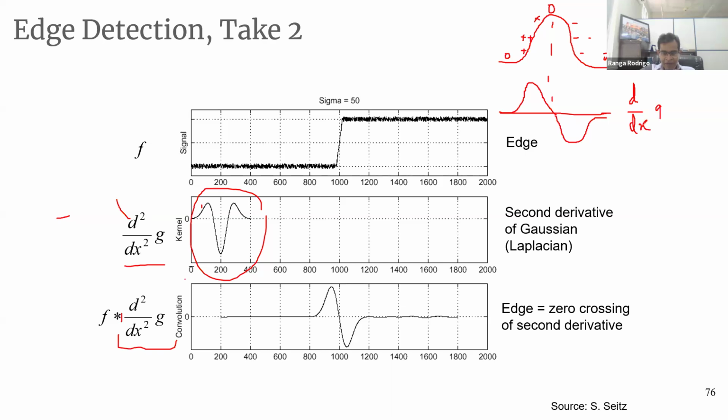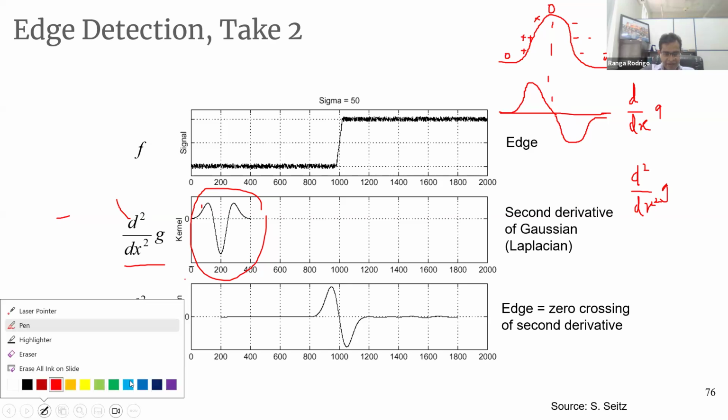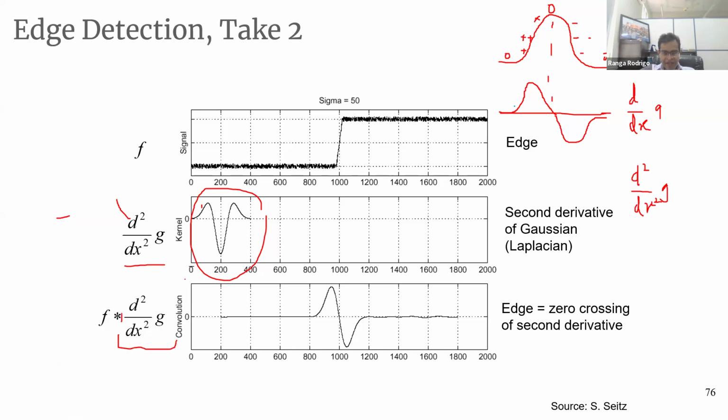Now, d squared by dx squared g means what? You have to differentiate this again. So here, if you look at this, the derivative is 0.